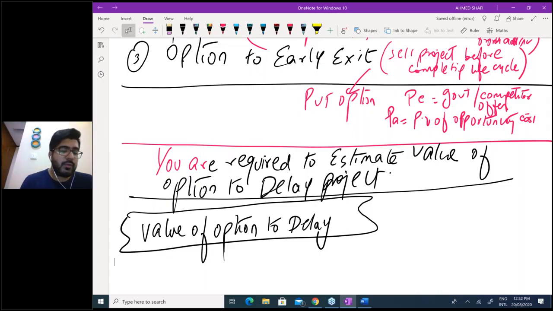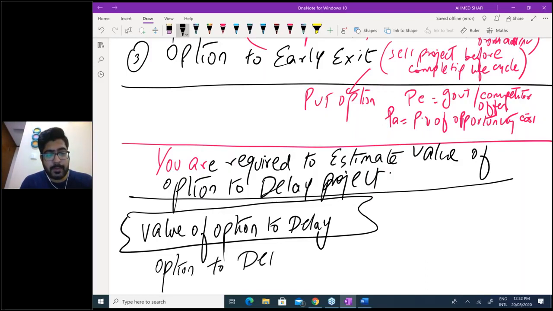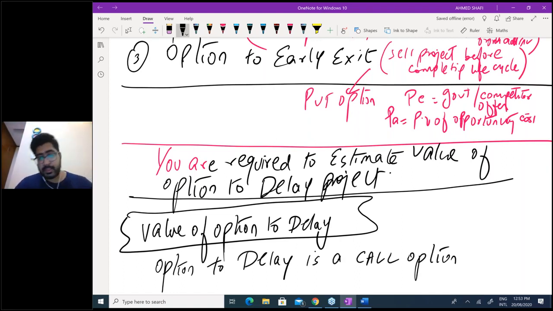Now, if the question asks you to estimate value of option to delay, remember by my notes, option to delay is a call option. I just told you, only option to early exit is a put option because in that you are selling, otherwise you are not selling anything.